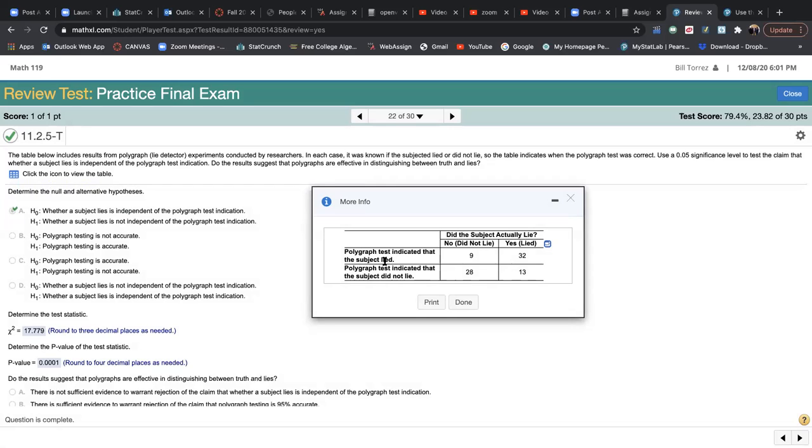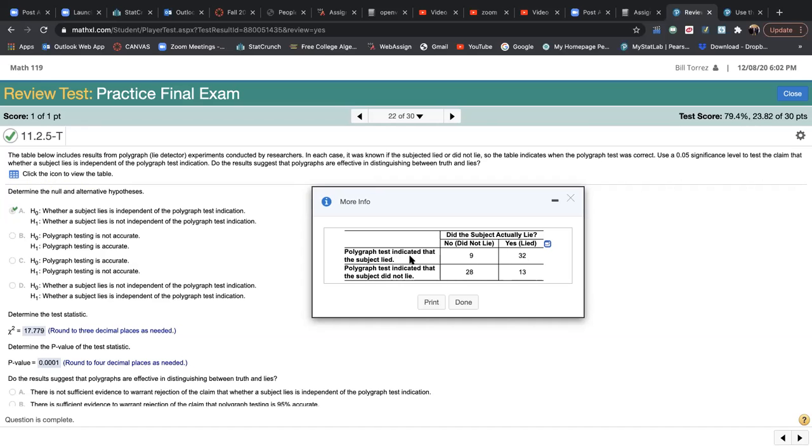And the rows depict a polygraph test, and poly test comes up as the subject lied versus poly test subject did not lie. And then you have the actual truth over here above the columns. No, did not lie, and yes, lied.